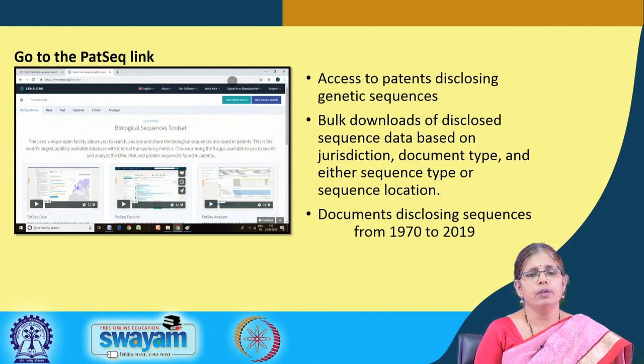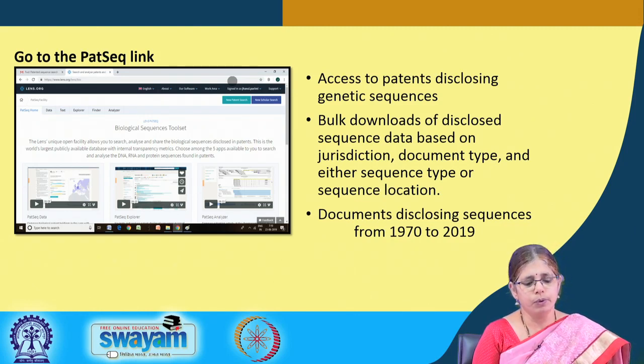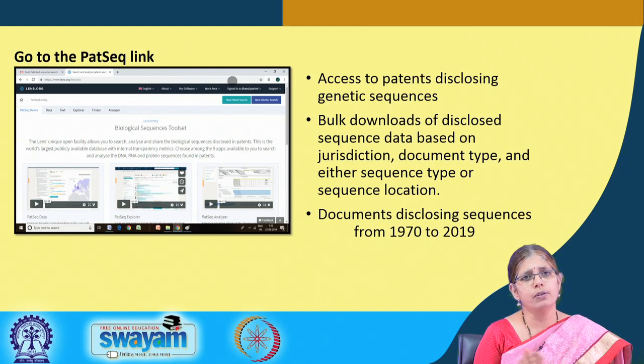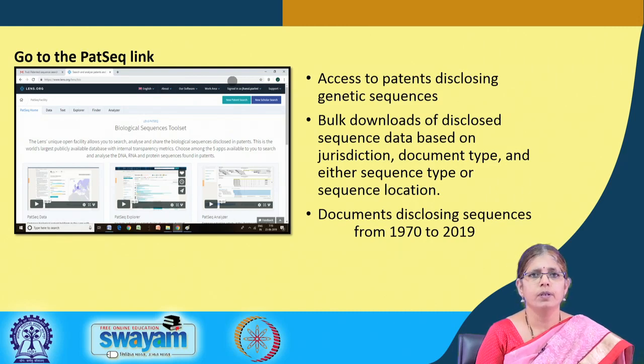One of the important links available is the PatSeq link, which is the biological sequences toolkit available in the PatSeq database. And how does it help? It helps to search, analyze and share the sequences which are disclosed in patent applications.